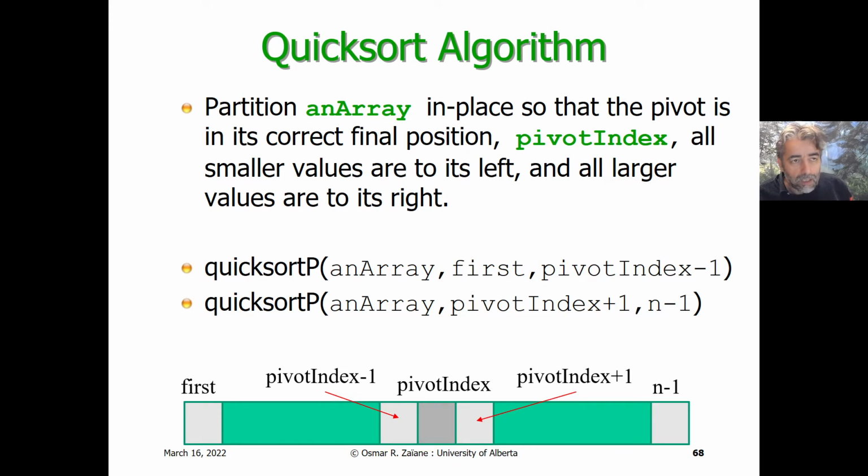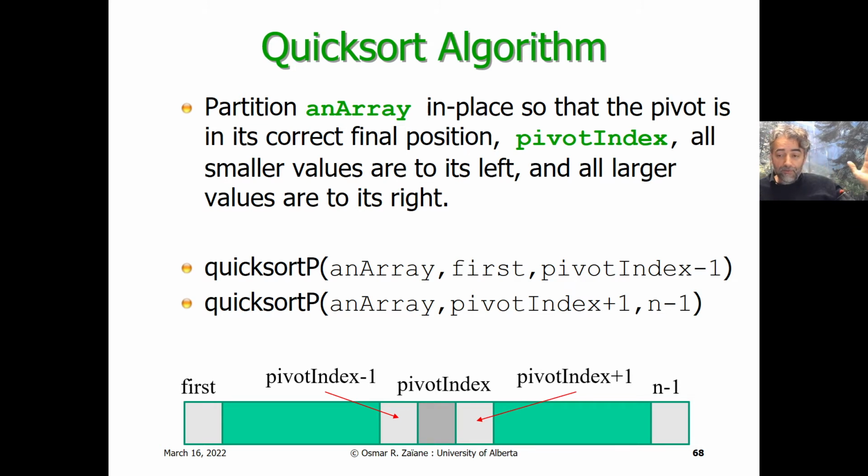And then I will have 2 indices, one that starts from first, one that starts from n-1, and they will run towards each other. So they will traverse the container and run towards each other. At any given time, the section between the first pointer and the last pointer holds elements not visited yet.